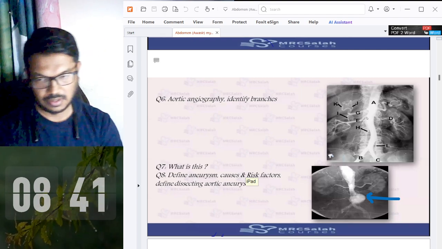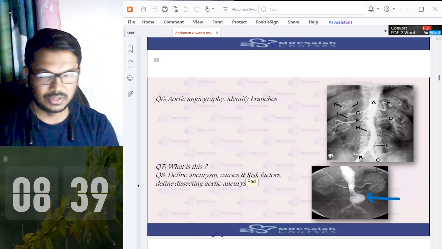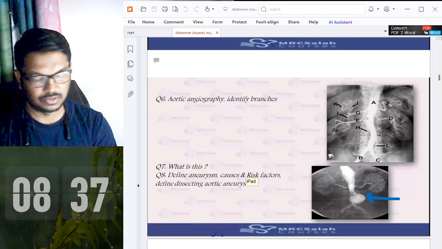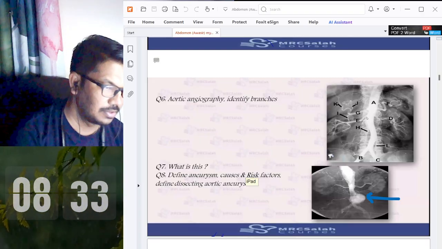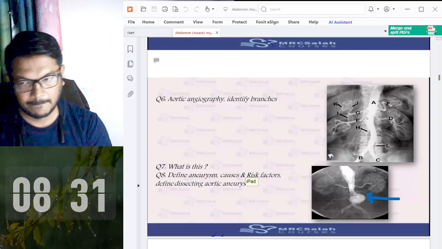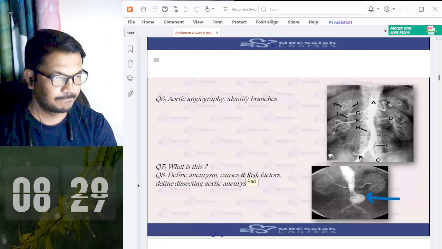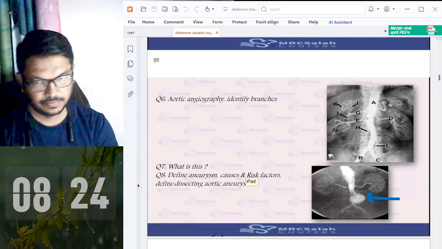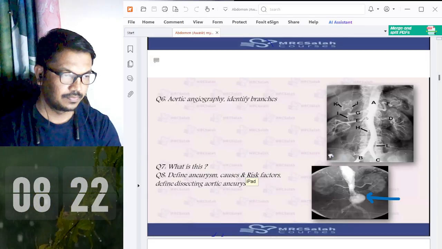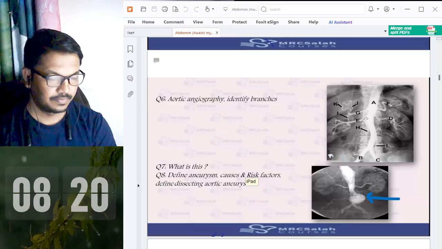Okay. And so what is the difference between aneurysm and dissection? Aneurysm is the abnormal dilatation of the blood vessel and it can be localized. And dissection is the separation of the arterial wall.